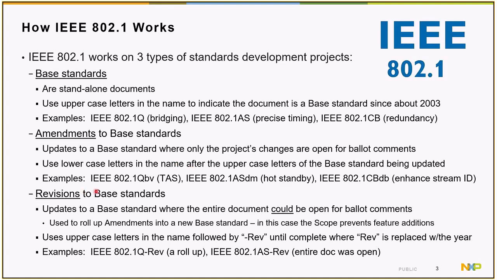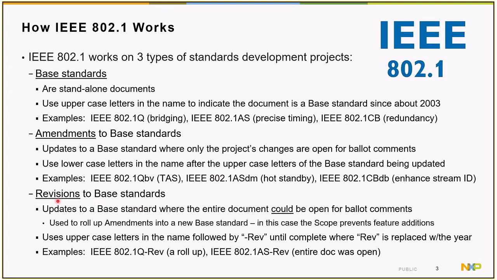For example, in 802.1Qbv, the capital Q is the bridging standard, and bv was the time-aware shaper amendment added to Q. 802.1ASdm is a new in-process hot standby amendment to the latest AS base standard. And CBdb is enhancing stream ID identifications for the redundancy standard.